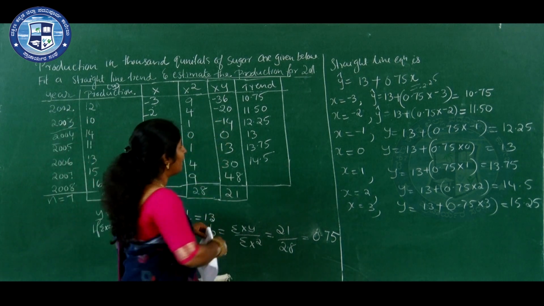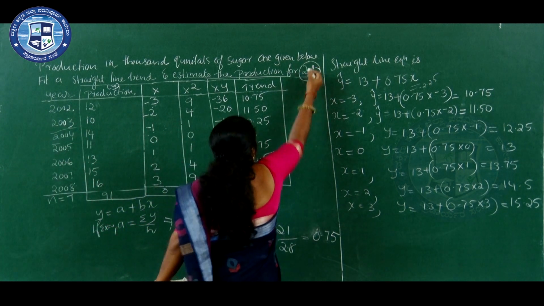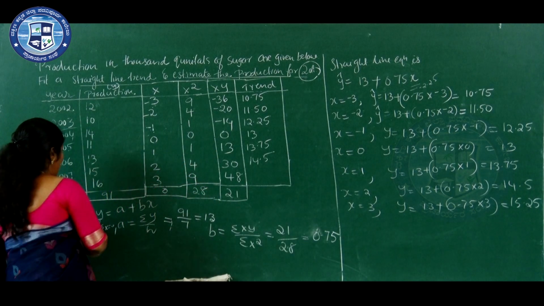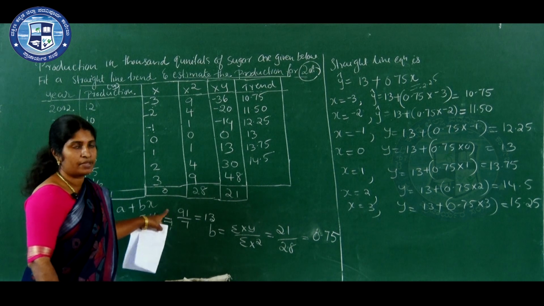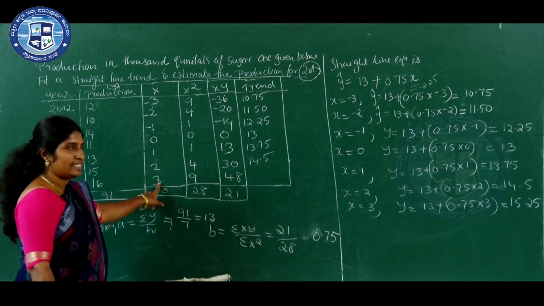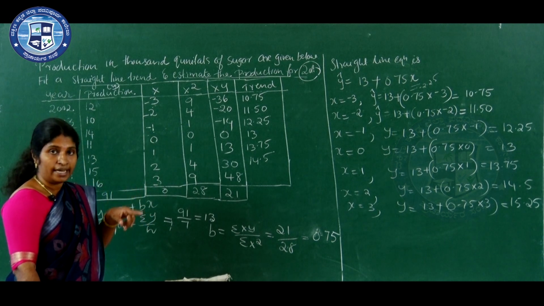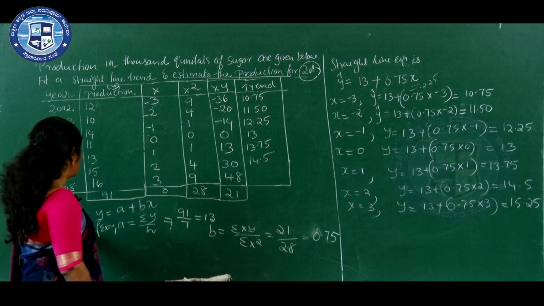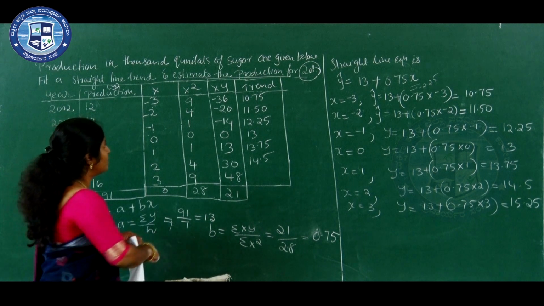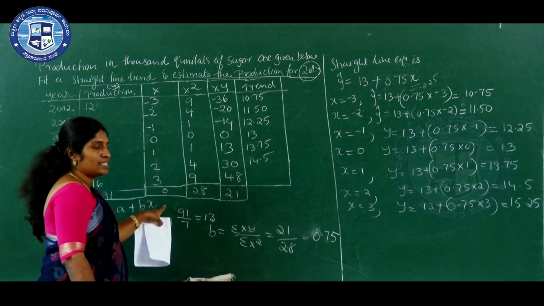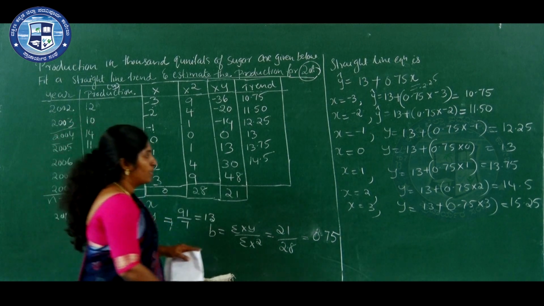For 2011, what is the x value? The 2011 x value is 6. You have to estimate the production for 2011, where the x value is 6.